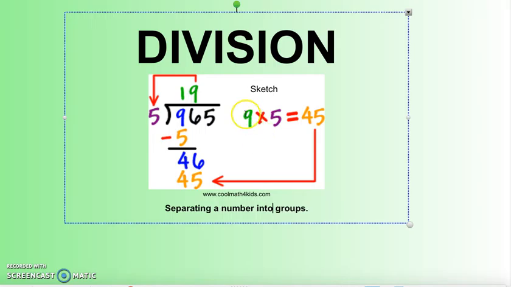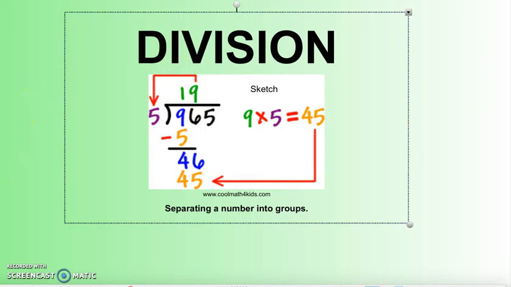So if I take 965 and I separate it into 5 groups, I have an answer, and this is not the full answer yet, but they're slowly working towards the answer to that problem.